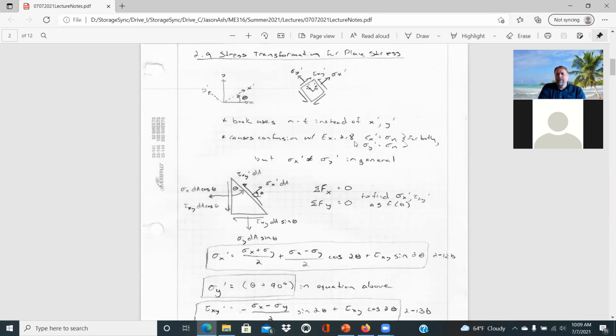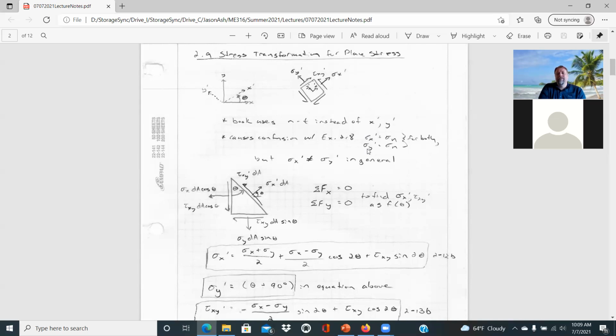I'm guessing this is probably referring to Hibbler, but in example 2.8, sigma X prime is equal to sigma normal, and sigma Y prime is equal to sigma normal. They use that sigma for both of those to define a normal stress, so there's not that distinction between sigma X prime and sigma Y prime.